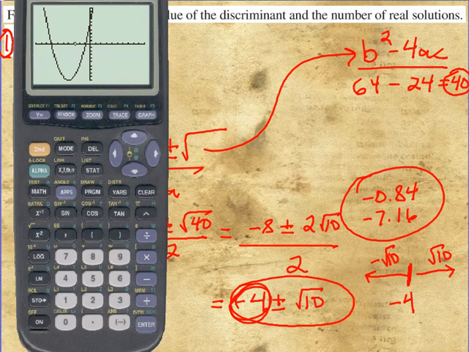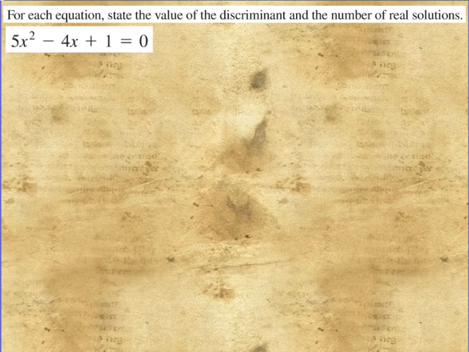So the distance from negative 4 to here is root 10. The distance from negative 4 to here also root 10. So my two answers, negative 4 plus root 10, negative 4 minus root 10. The reason I went ahead and pointed that out is when we do quadratic equations, parabolas, when we study more about their graphs, this is my line of symmetry. Okay, that's my middle point. Okay, moving on.